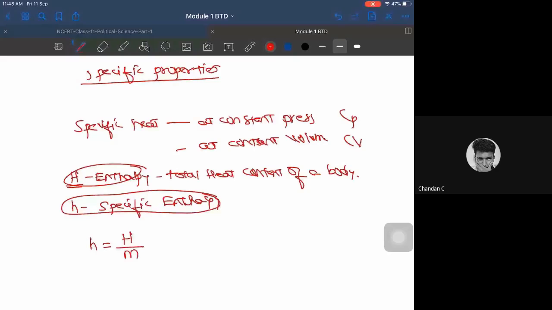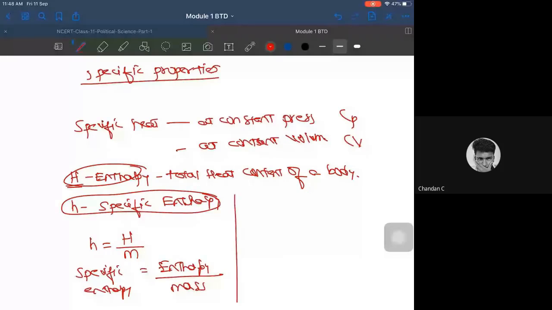Got the thing? So, small h is what? It is specific enthalpy, that is equal to enthalpy divided by its mass.